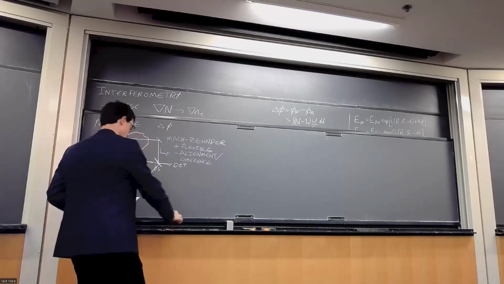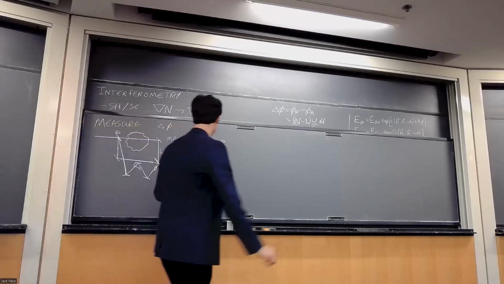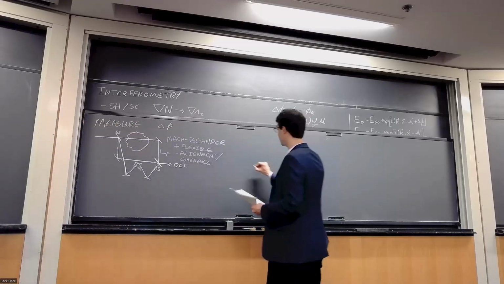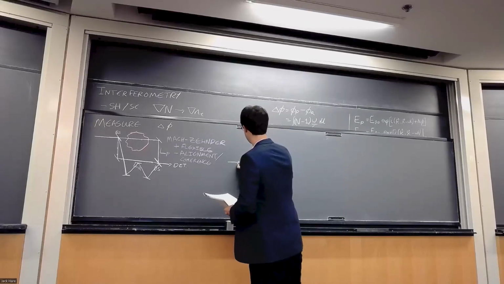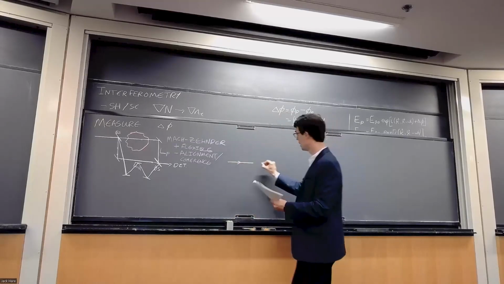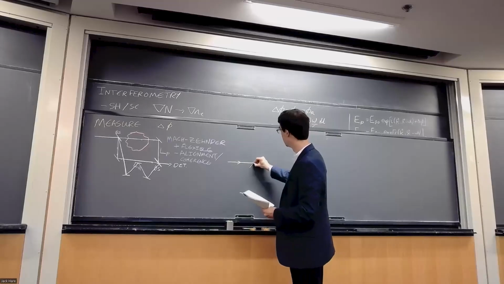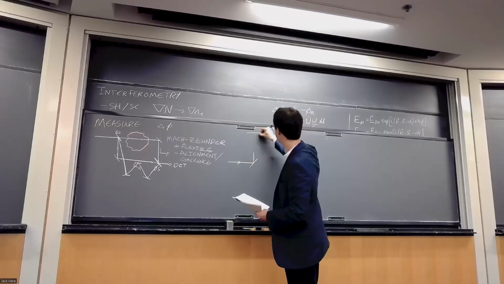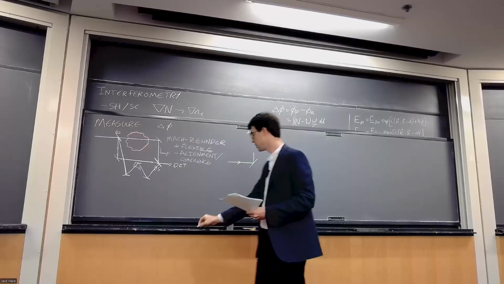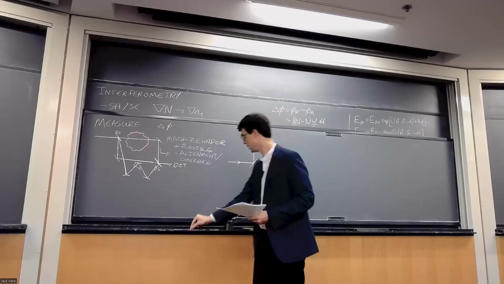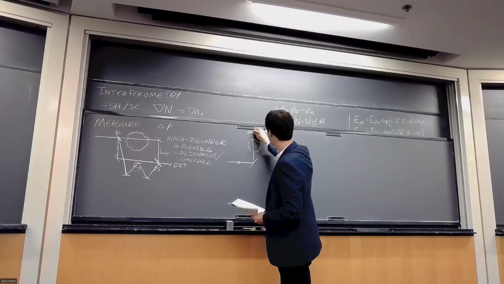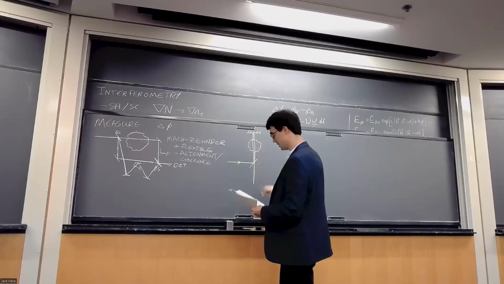The next one that you have probably heard about in other contexts in physics is the Michelson, right? So a Michelson interferometer has a beam coming in and it's got a beam splitter. It's got a beam going up, and we put a plasma in one arm of this beam, and the beam goes up, and then it bounces back down.